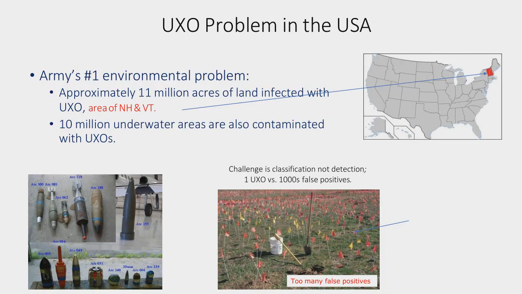Now, if you look at the United States, a country that never had major wars on its own soil, the UXO problem here is quite significant, and it was identified as the Army's number one environmental problem back in the late 90s. That's because approximately 11 million acres of land are impacted by UXOs. To put it in perspective, this is roughly the area of New Hampshire and Vermont combined.